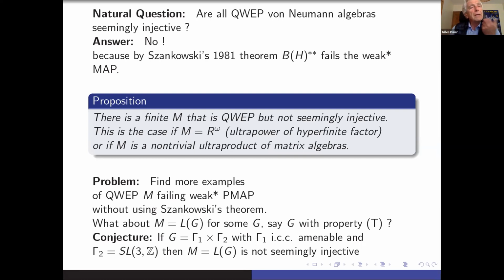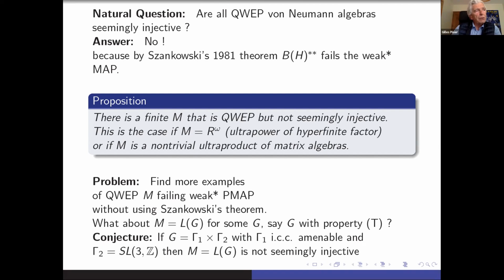It is QWEP, and it has the property that it contains any QWEP algebra as a von Neumann subalgebra with a projection, a conditional expectation projection of norm 1. So it's sort of the universal QWEP. It's not too surprising that it decides the answer to this question, but it's a sledgehammer.